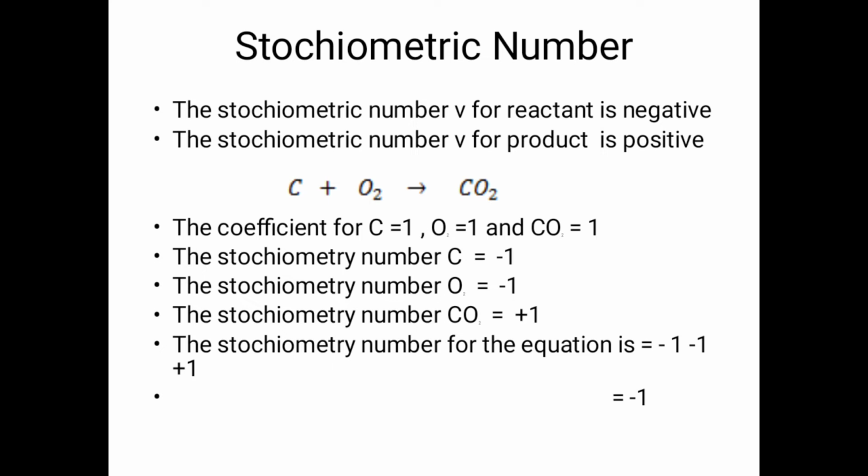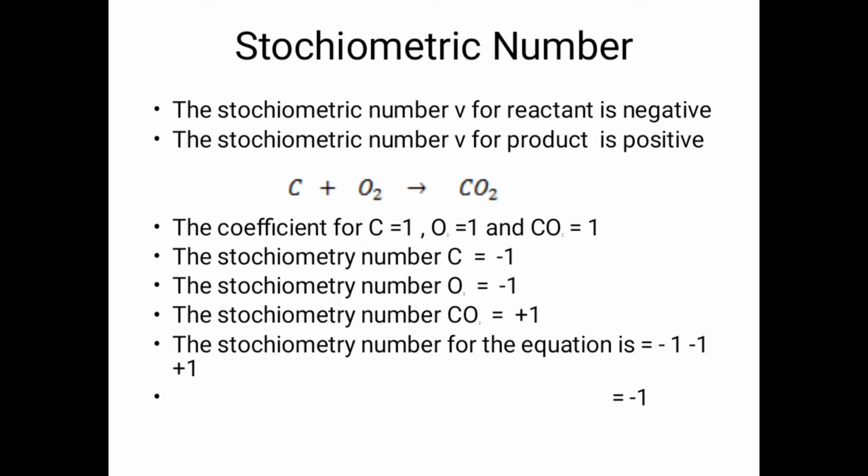So it is positive. The coefficient for C equals 1, oxygen equals 1 and CO equals 1. Therefore, the stoichiometric number for C equals minus 1 because it is a reactant. The stoichiometric number for oxygen equals minus 1. The stoichiometric number for carbon monoxide is plus 1. The stoichiometric number for carbon dioxide is plus 1.